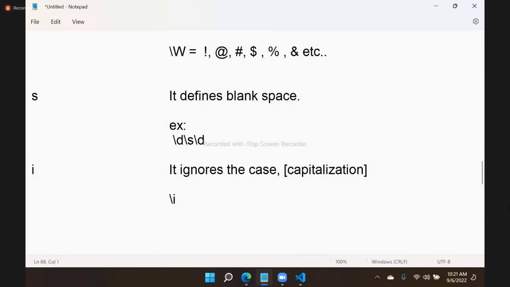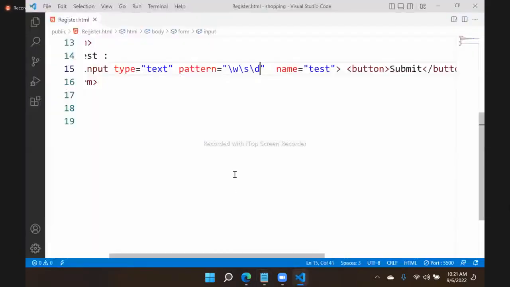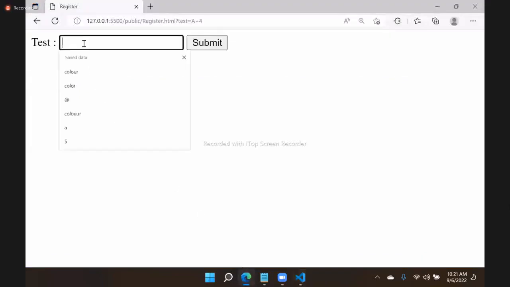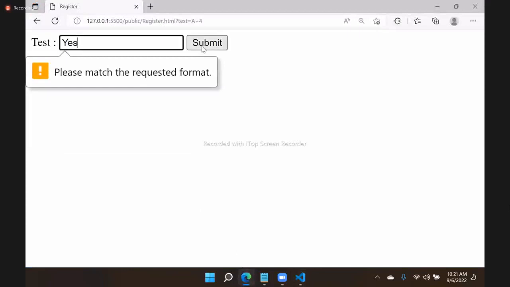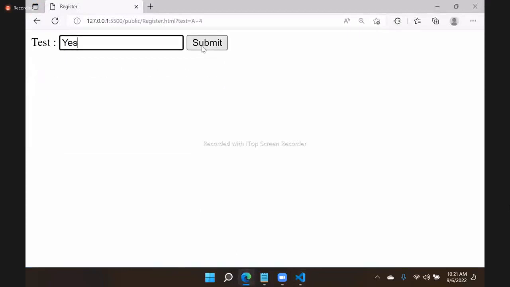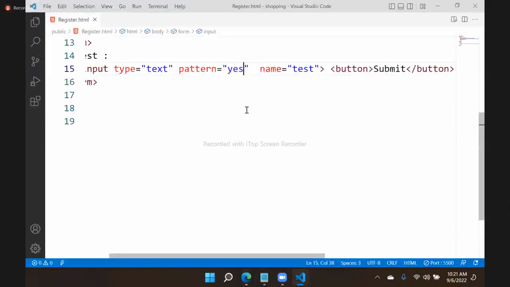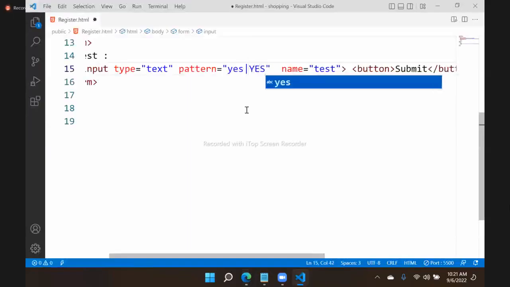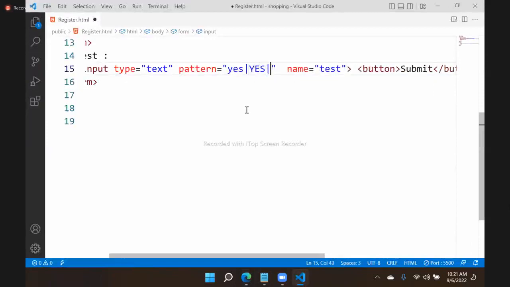For example, I am using here the word yes. Am I right? Now it means that they have to type the word yes. I am using YES. It is not allowed because it is all lowercase. Suppose I want to allow it, but it is not only that.